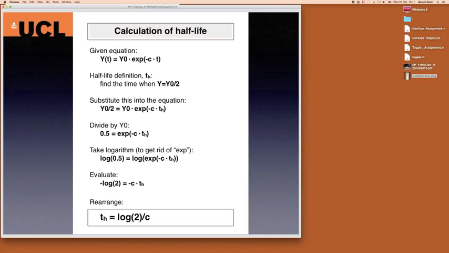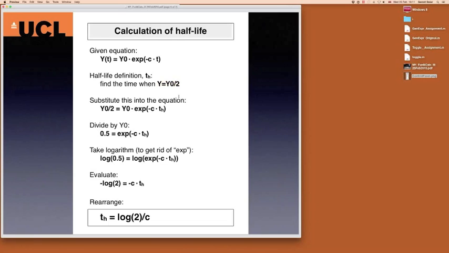We start with the definition of what the half-life actually is. Half-life is the time point of this function when the value of the function y is equal to just half of the initial value. So if the initial value is called y0, then y0 divided by 2 is the concentration where the half initial concentration is reached, and the time point when this happens will be called the half-time.